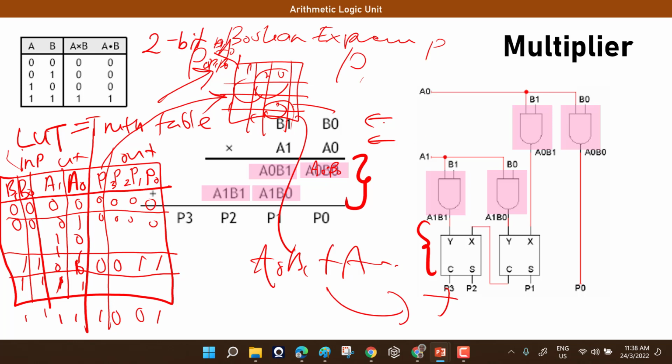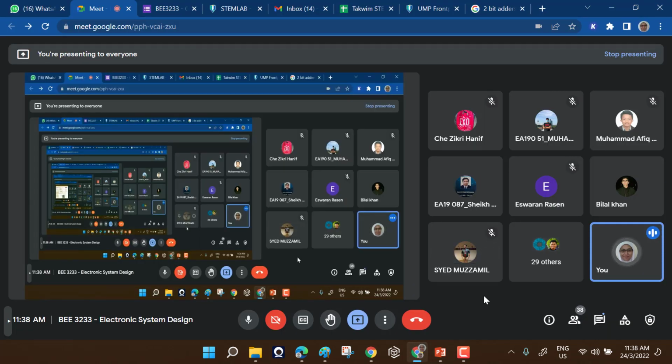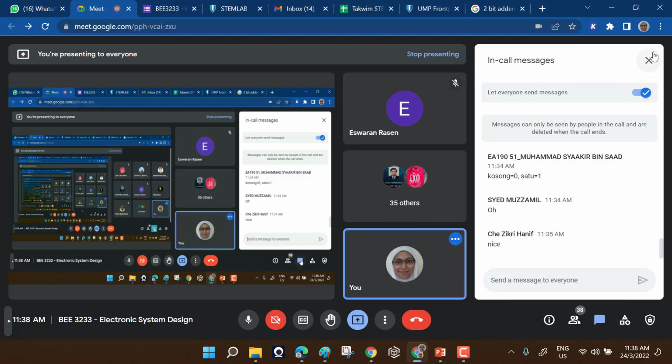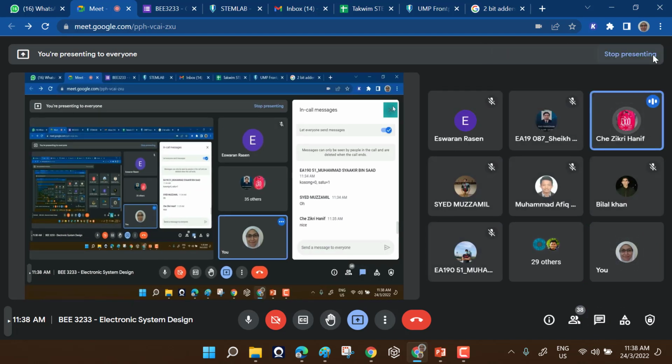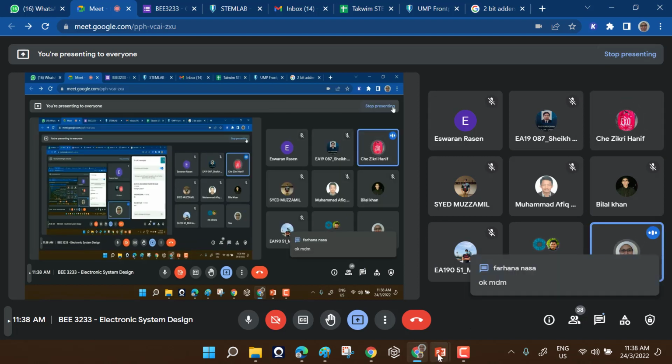Okay, sebelum saya masuk ke multiplexer, are you guys okay with the lookup table? Any questions or anything you would like me to repeat? Or do you get it? Madam boleh repeat untuk lookup table sikit ya? Okay. Dekat bahagian mana yang you get confused?